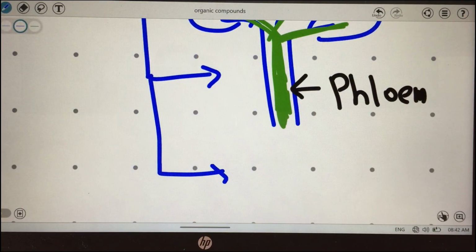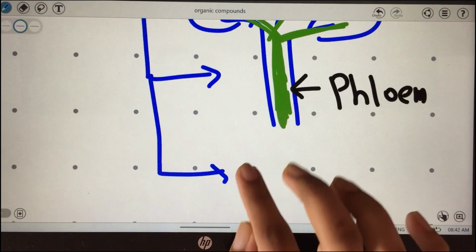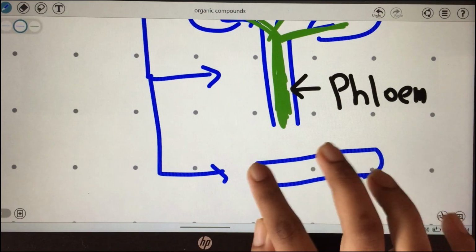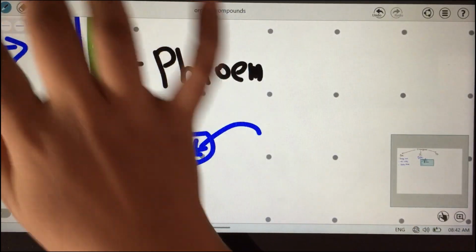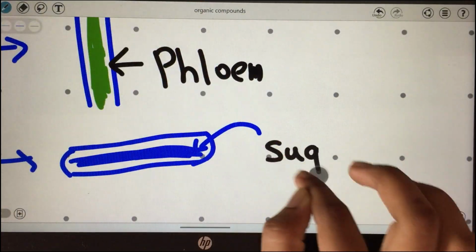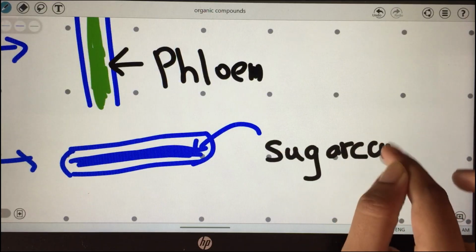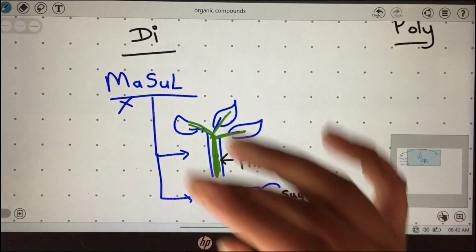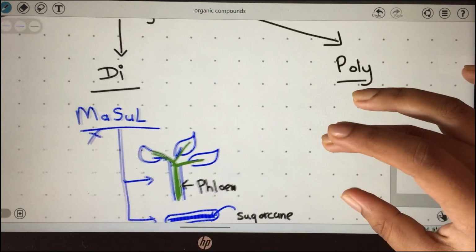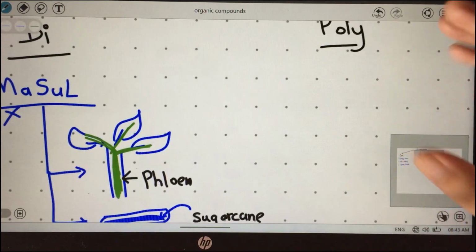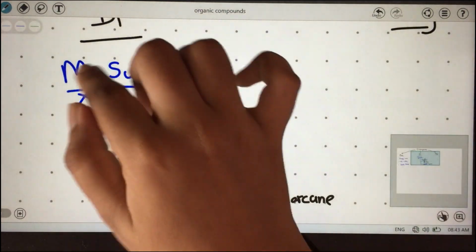They are going to act as a storage sugar in sugarcane. Now in sugarcane also, you know, it's very sweet, right? So in sugarcane, what is found as a storage sugar? So don't write everything, just write sugarcane. It's going to be found as a storage sugar in sugarcane. What is it? Disaccharide.